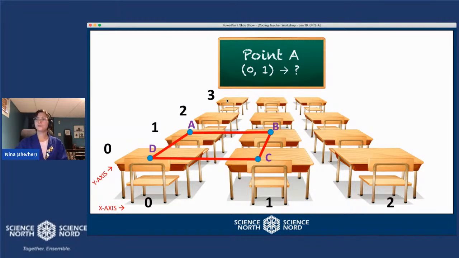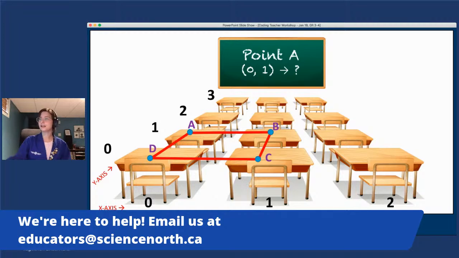And if we wanted to move point A, oh, I mixed up which points. So this is actually describing 0, 1. Oh, no, that's my point A, 0 and 1. So point A is at desk 0, 1, and we know we need to move it up 2 desks and over 1 desk.